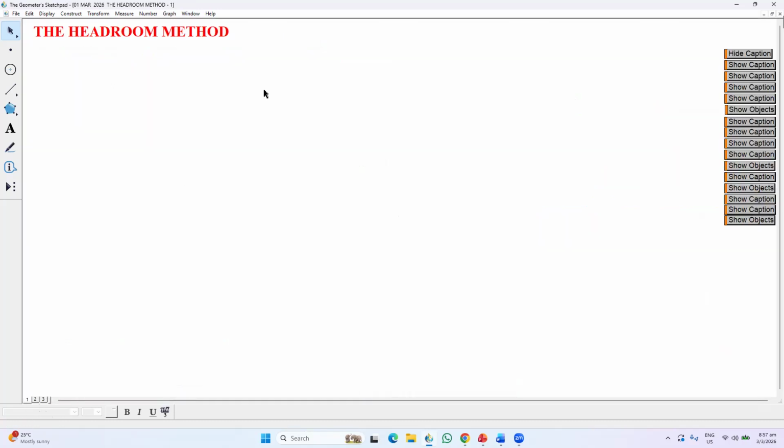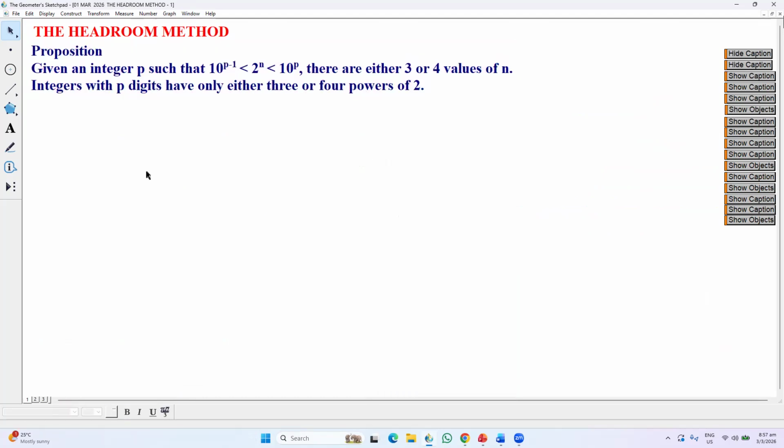The headroom method. Proposition: given an integer p such that 2^n is between 10^(p-1) and 10^p, there are either 3 or 4 values of n. This is equivalent to saying integers with p digits have only either 3 or 4 powers of 2.